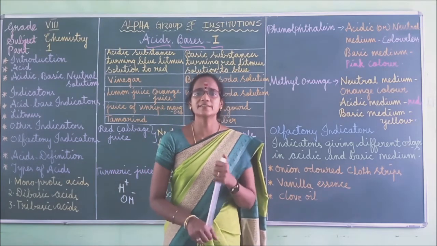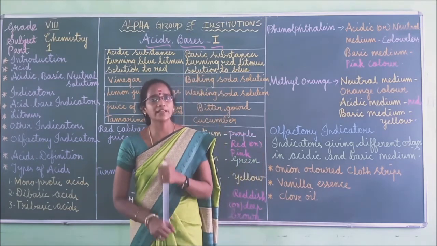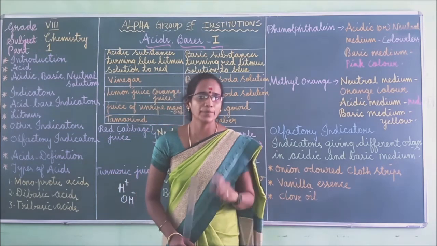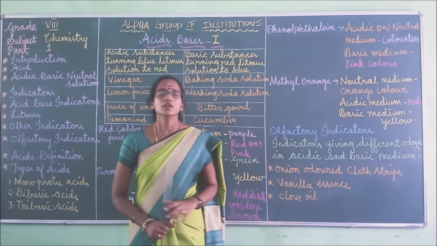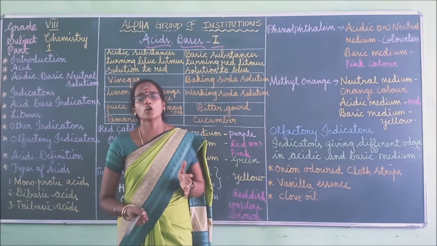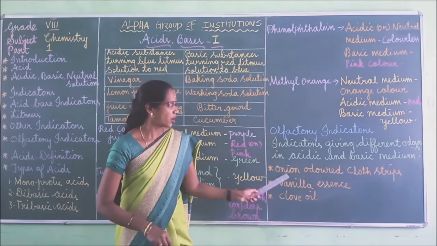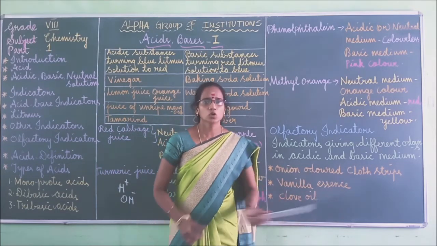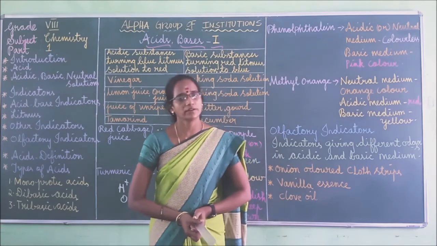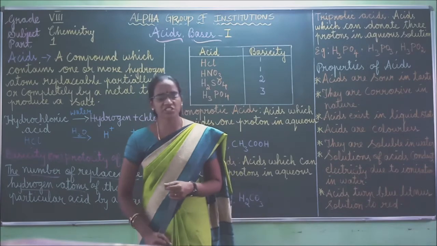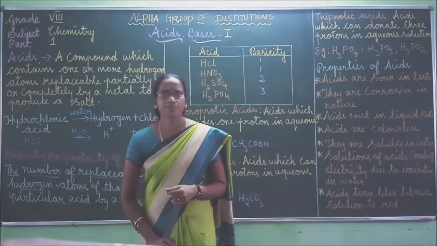This sweet smell is retained in acidic medium, whereas it is destroyed in basic medium. So the naturally occurring olfactory indicators are onion odored cloth strips, vanilla essence, and clove oil. Now we can move to the definition of acids.